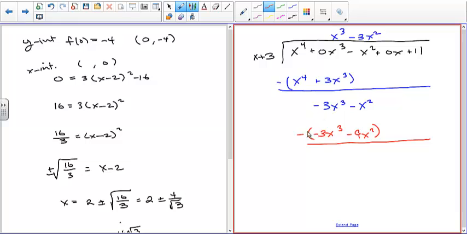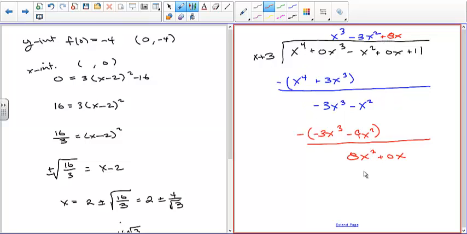So -3 plus 3 is 0. -1 plus 9 is plus 8. So we get 8x squared. Bring the next term down, which is 0. So what do I need to multiply x by to get 8x squared? Plus 8x. So you add plus 8x.